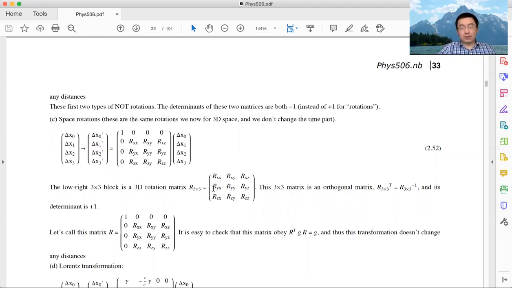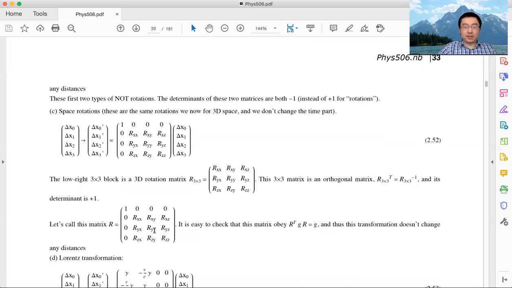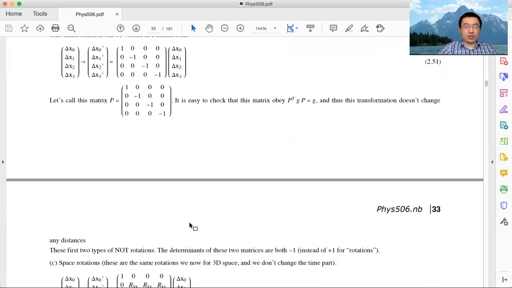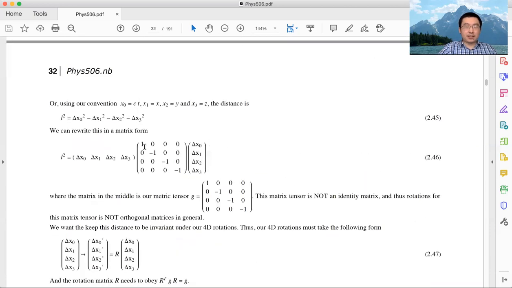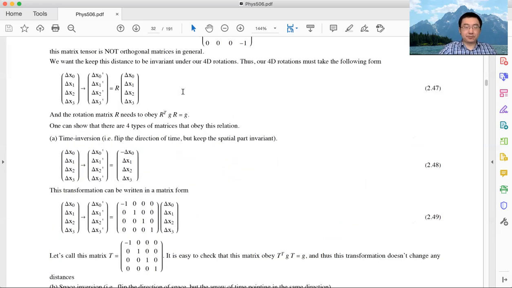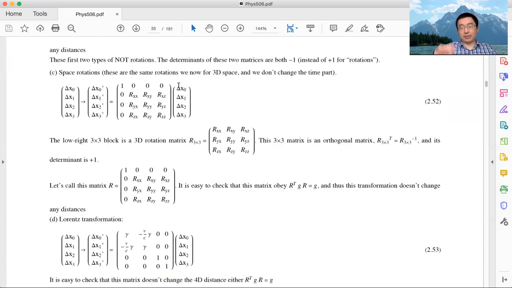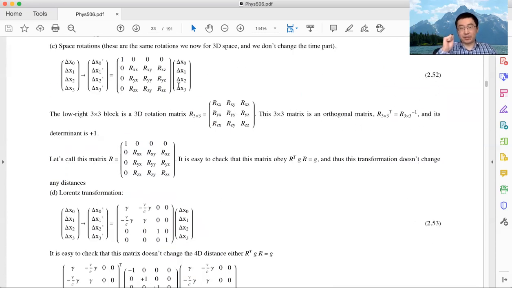It's also easy to check that the metric tensor does not change under R transpose times R. So this is a 4-dimensional matrix for 3-dimensional rotation. This is quite obvious because 3D rotation does not change the spatial part, and it does not change time either, so the 4-dimensional distance still survives. That's the third category that preserves this 4-dimensional distance.